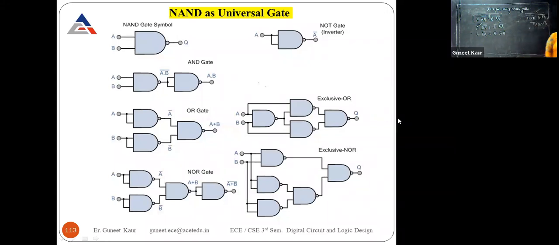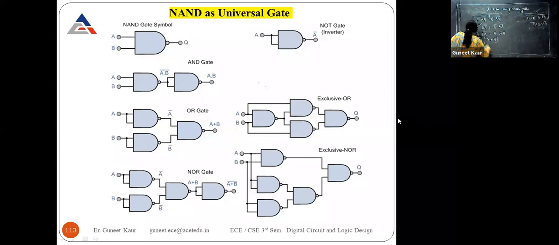Now again I will apply, or you can say, I will take common A B bar, and we will get A plus B like this. Now I will apply De Morgan on this term only. So break the bar, change the sign: A bar plus B bar.